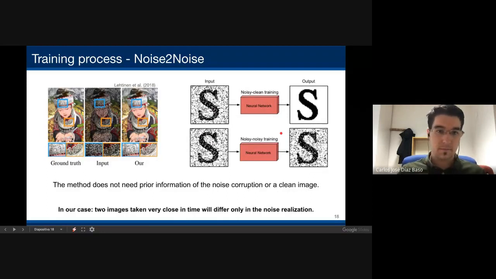Two years ago, Lehtinen and collaborators suggested another method where the training is done, instead of using a noisy and clean image, with two different images where the signal is the same, but the difference is the noise realization.